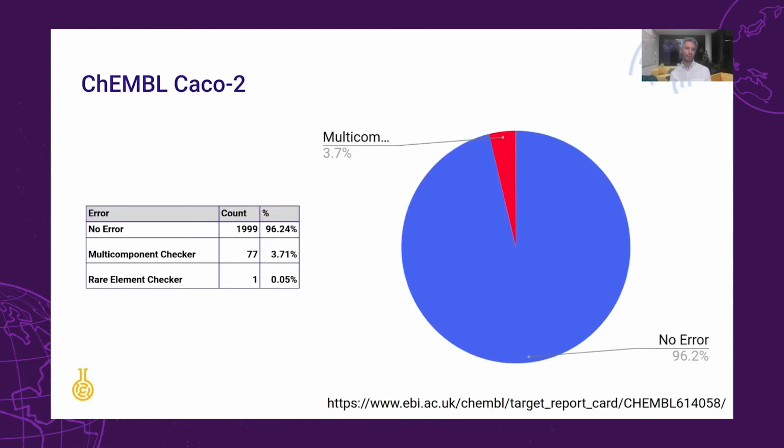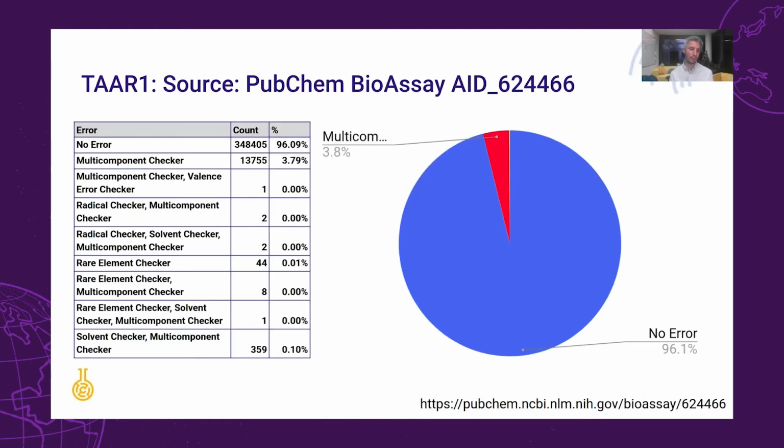We looked at Campbell for penetration data as well, Caco-2 penetration, where no structure checker issues were found, but what could influence the model building and popped up is the multi-component structures and one rare element. Altogether, 4% of the data contained these issues.